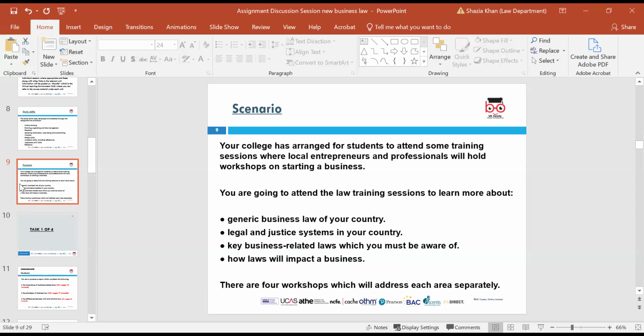You're also going to learn about legal and justice systems in your country, also about key business-related laws which you must be aware of, and how laws will impact on a business. There are 4 workshops which will address each area separately. So this scenario will be based around 4 tasks, and I'll go through each task, okay?